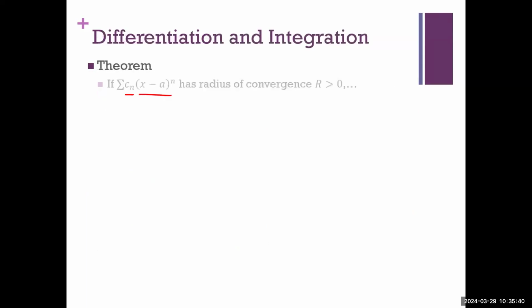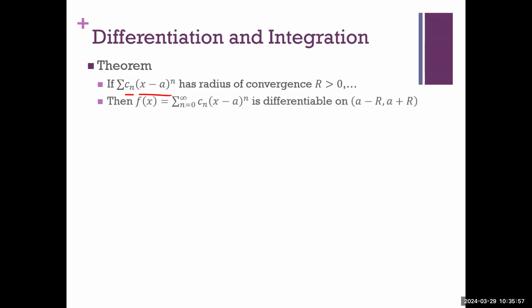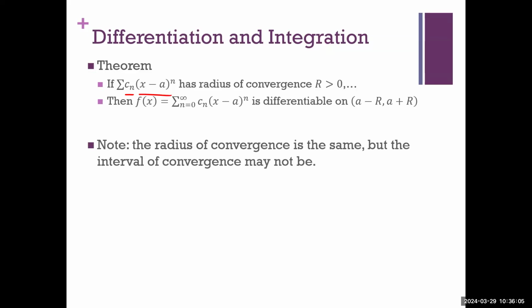But in general, maybe it only converges at that single point a. Maybe it converges absolutely everywhere. But if it has a radius of convergence that is a real finite non-zero number, then that power series converges, and basically the derivative converges on the same x values.